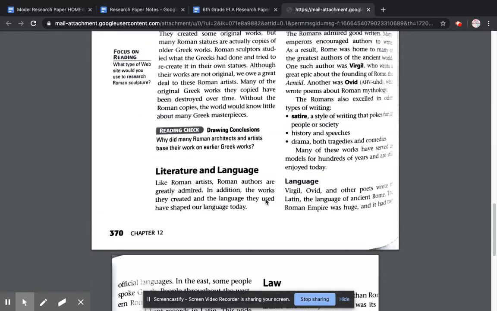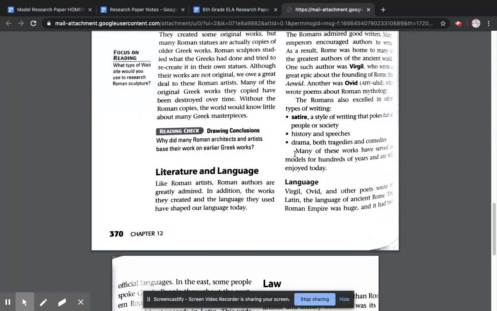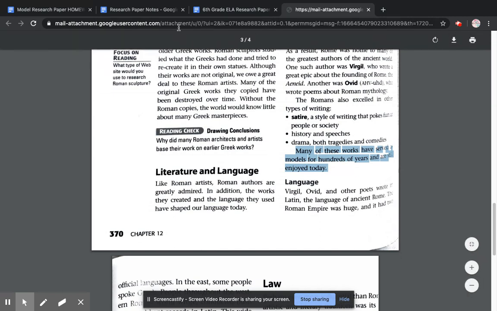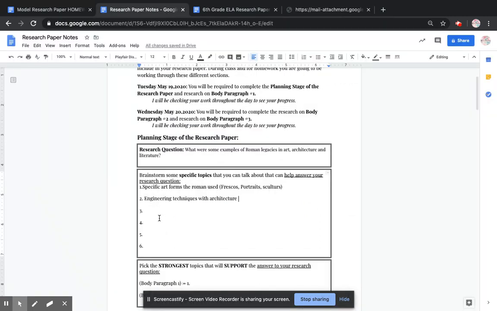All right, so it talks about how many of these works have served as models. So I could talk about that. So let's put that down. That's an idea. So let's see. Roman literature. Okay, made a mistake. Literature.